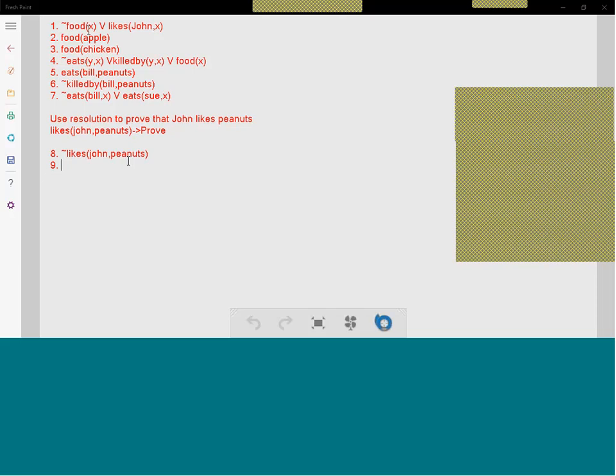So I am writing here negate food peanuts, placing X as peanuts. From clauses 1 and 8 we have derived negate food peanuts.